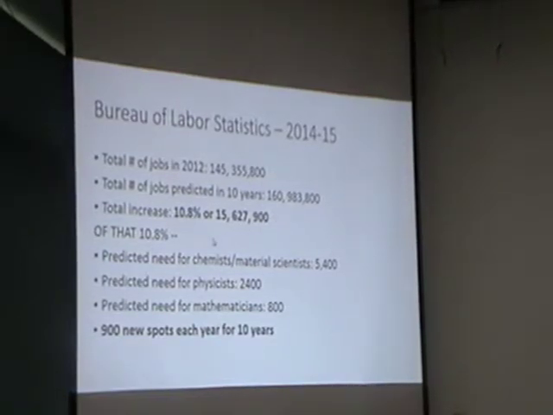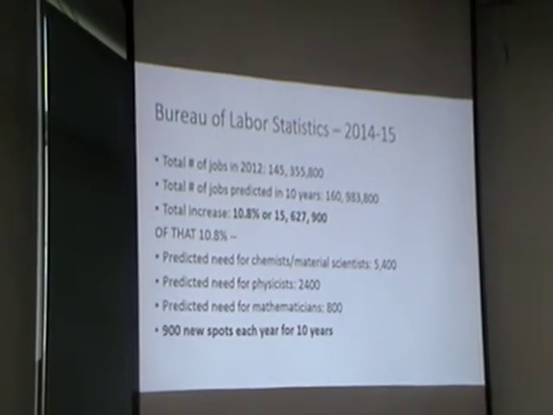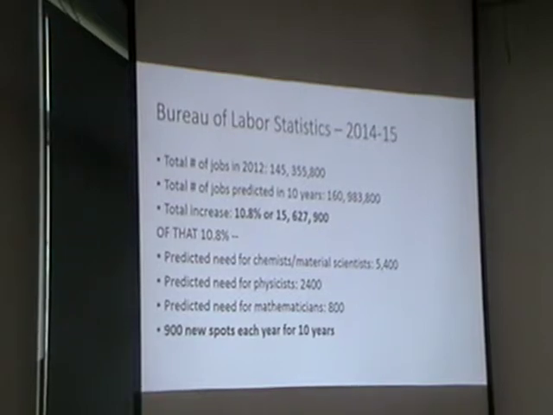And so if we look at that 10.8%, and by the way, this is arithmetic. I can do arithmetic really well. Math, I'm not an expert. Arithmetic, I'm very good at. The predicted need for chemists of that 10.8% is 5,400. The predicted need for physicists is 2,400. And the predicted need, poor mathematicians, they're almost like literary critics, 800, okay?